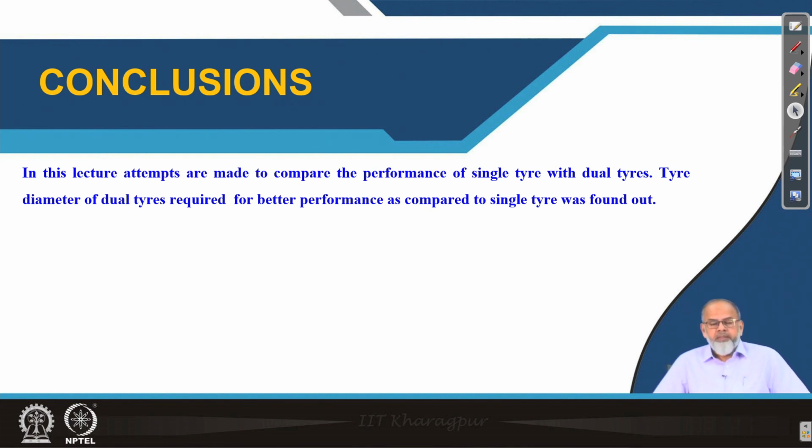Then in the second thing, I tried to find out what should be the minimum diameter if you are changing a single tire to dual tires. So for different section widths, I have found out, I have plotted, and that gives you an idea how to compare the performance of a dual tire with a single tire.